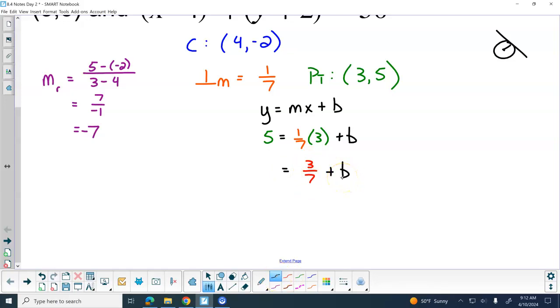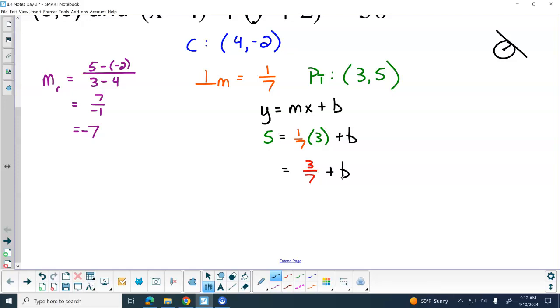Now I could write 5, right? But what should I write instead? Five over 1 is equal to 5, so I could write it like that. 5 over 7 is not equal to 5, so I'm not going to write it like that.